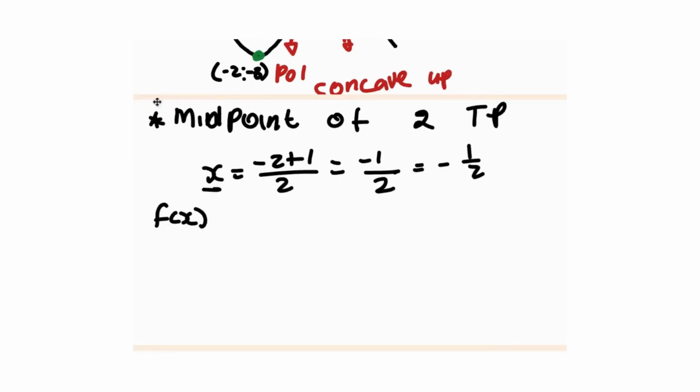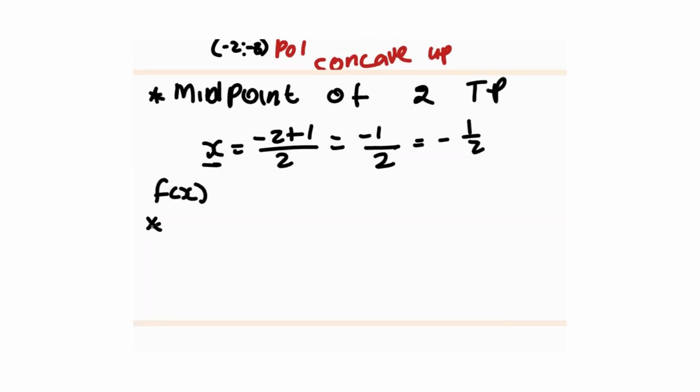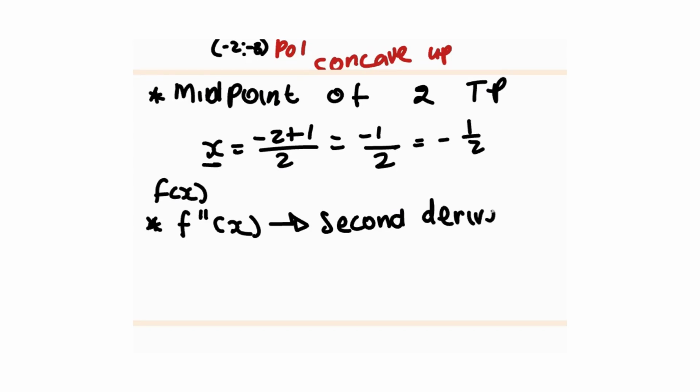Then the next thing that I'm going to mention with the point of inflection is that we link it with what we call the second derivative. With the second derivative, it means you have your cubic graph equation, you derive it, and after deriving it you get the first derivative. Remember, the first derivative we link to the turning points.